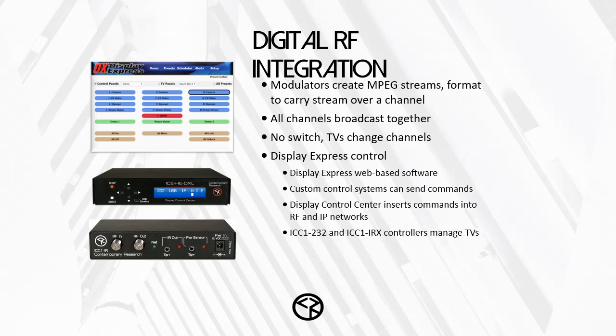At the end, there's a little box that goes on each TV, and one is called the ICC1232, the other is called the IRX. Both of those have the control codes inside the box, so you're not sending Samsung-specific, LG-specific control codes.